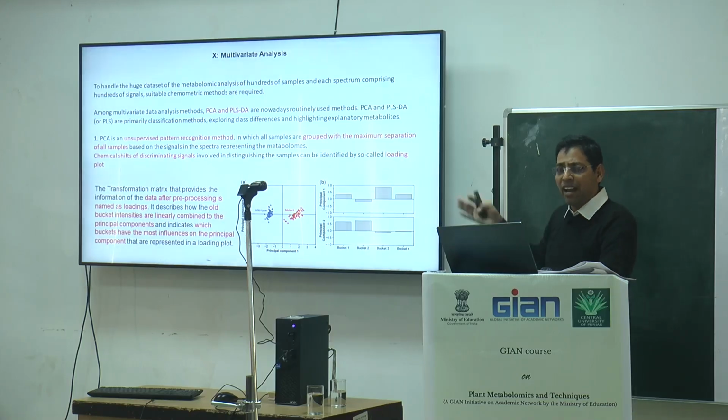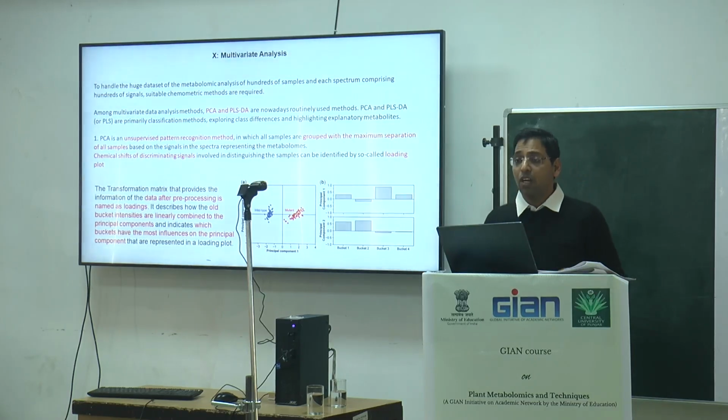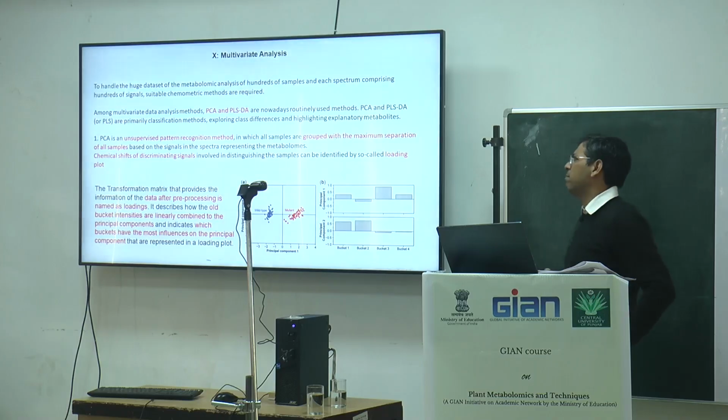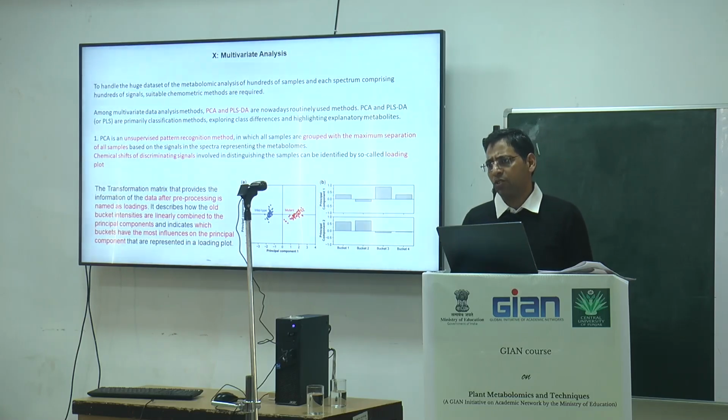But I have also come with a few slides on multivariate analysis because it is associated with NMR data also. What is the meaning of multivariate analysis and why do we need it? Whatever data you are getting, you have to use some mathematical tools and algorithms to get meaningful information from it.